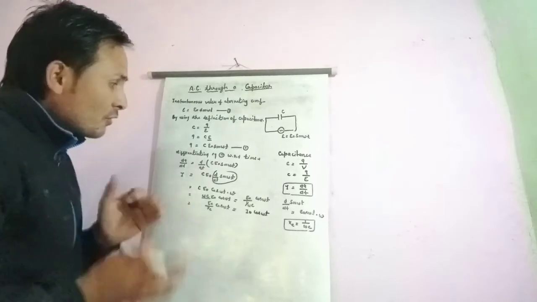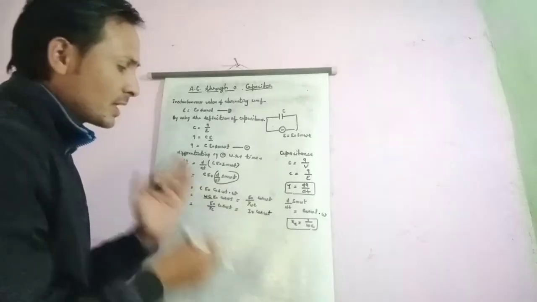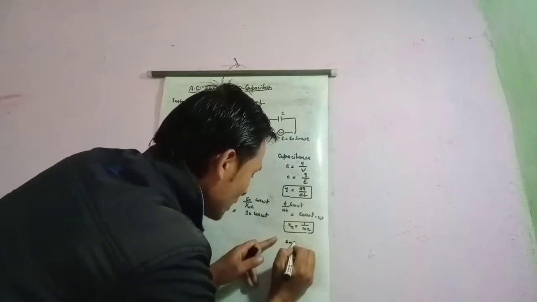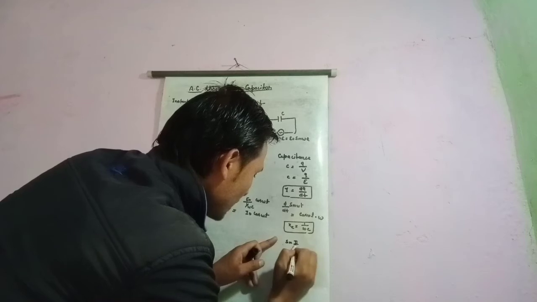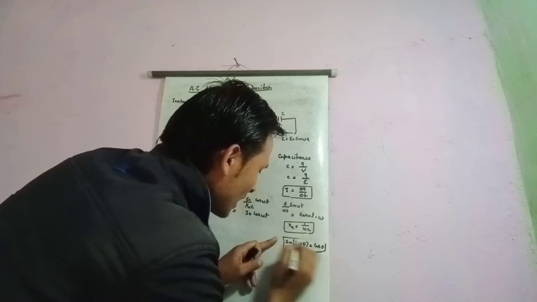Now for comparing we want sin omega t, so we will convert cos omega t into sin omega t. We know that sin of pi by 2 plus theta is equal to cos theta. This is another formula of cos theta.